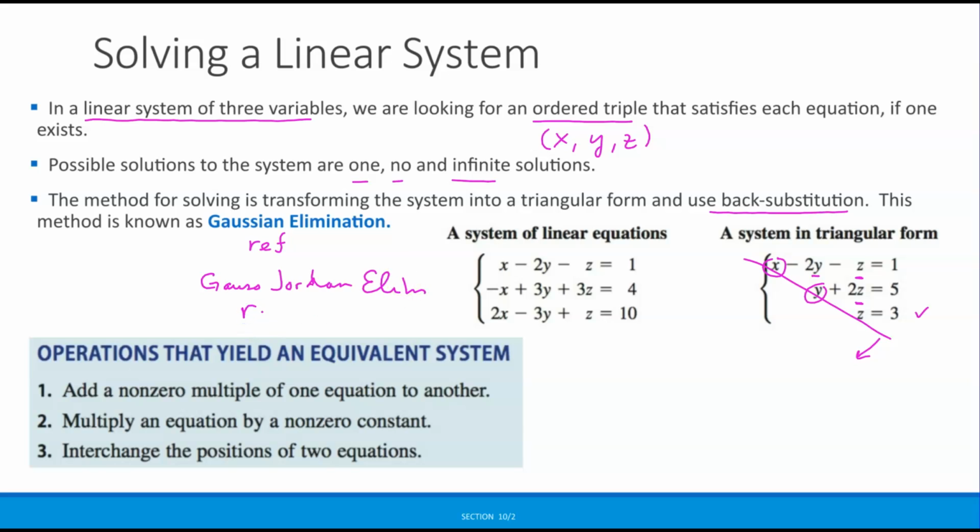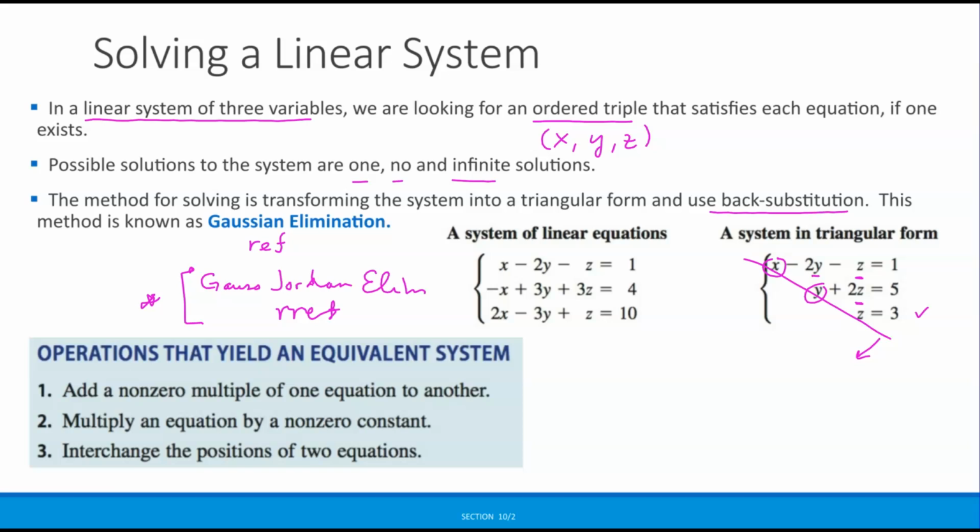Gauss-Jordan elimination just takes us directly to the answer with RREF. This is going to be the only way that we will be solving our system of equations. It takes us directly to the answer.